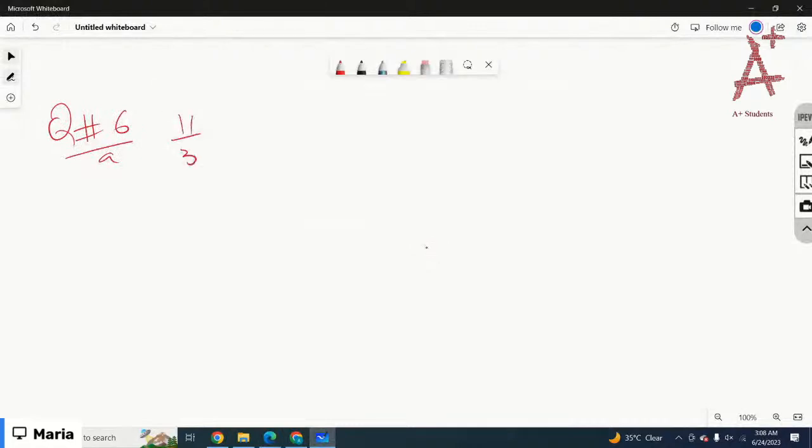You can see the numerator is greater than the denominator, so you divide by the denominator. Count the table of 3 until 11: 3 times 3 is 9, and 11 take away 9 is 2. So 3 is the whole number, 2 is the numerator, and the denominator stays the same. It would be 3 whole 2 over 3.